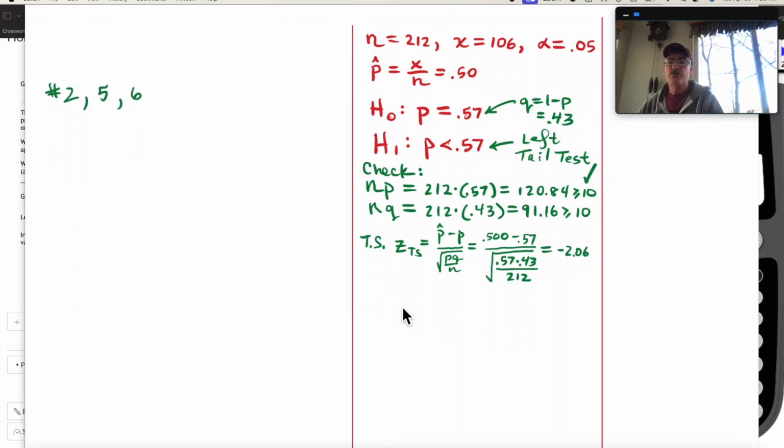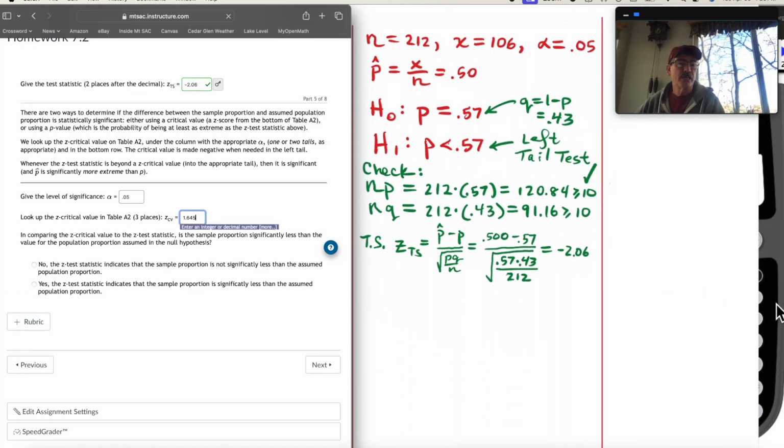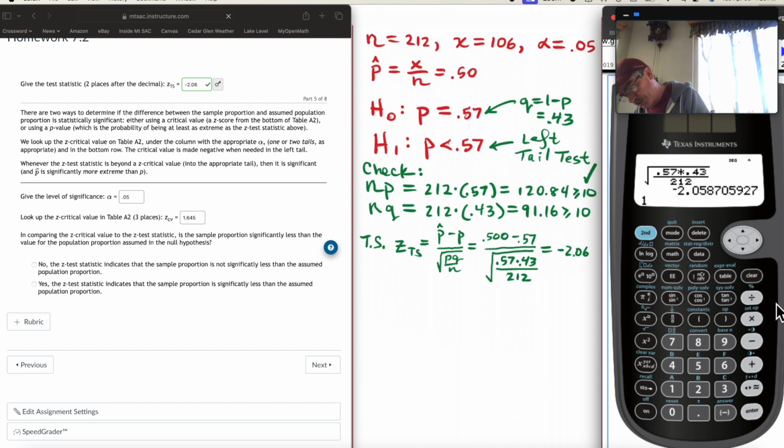But let's go ahead and draw a little picture to support that. So this is CV for critical value. Okay, we maybe just start with a little picture of this. Okay, because it's a left tail test, we're going to put this on the left of 0. So we're going to have to make it negative.